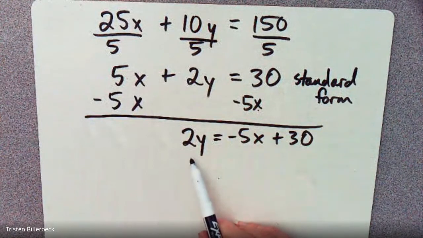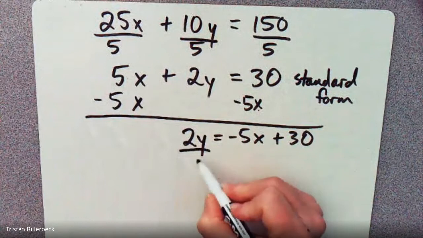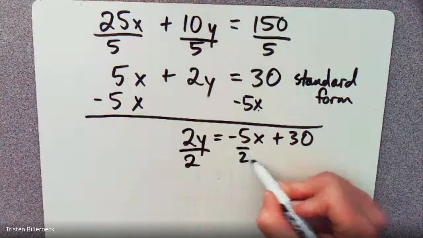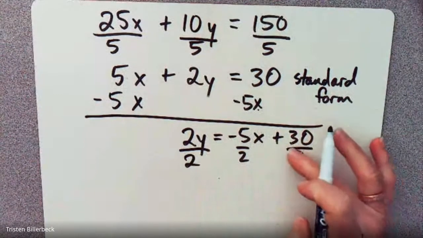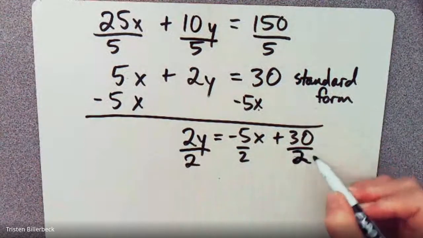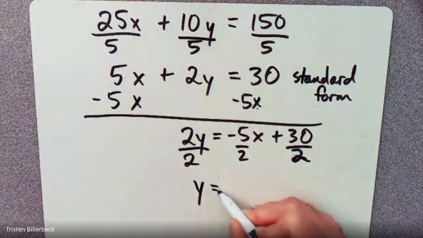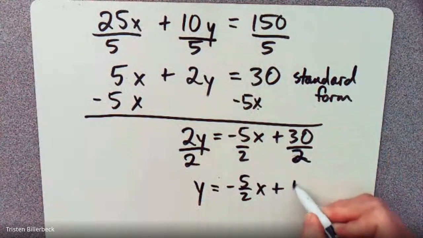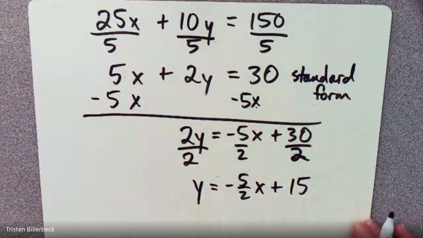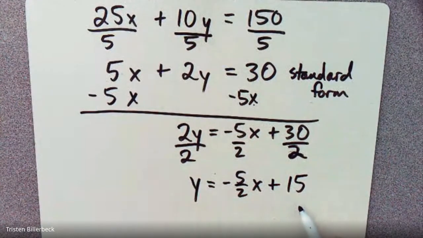And then we have to divide by 2 because y needs to be by itself. Whoops, that's a 2. Y needs to be by itself, so we have y equals negative 5 halves x plus 15. Okay, so that's my y-intercept.